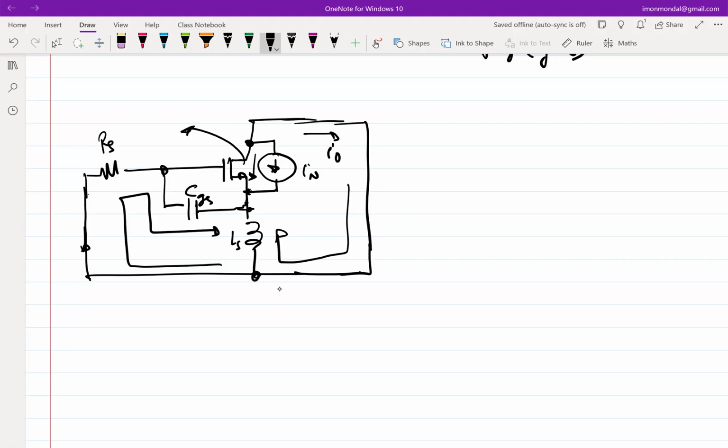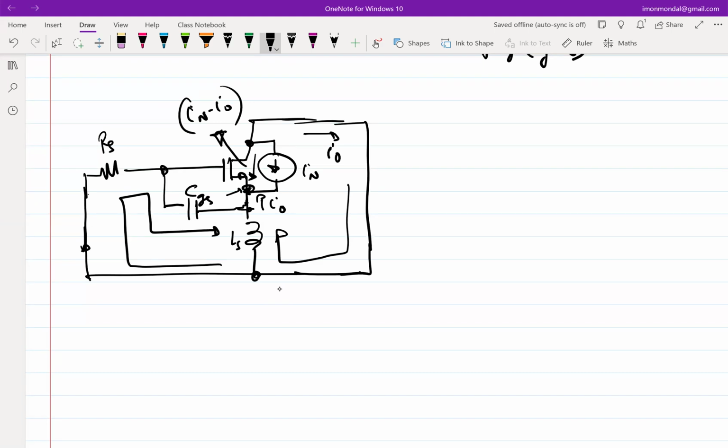So what is the effective current that is flowing down? So this is also I naught, right? Because if I naught comes out of that terminal, this is also I naught. So what is this current? I naught minus IN, right? Sorry, minus of this, IN minus I naught, right?